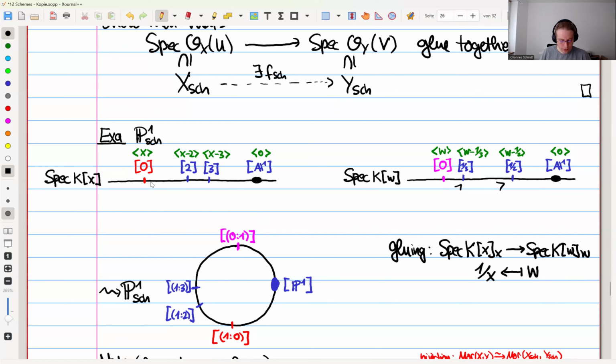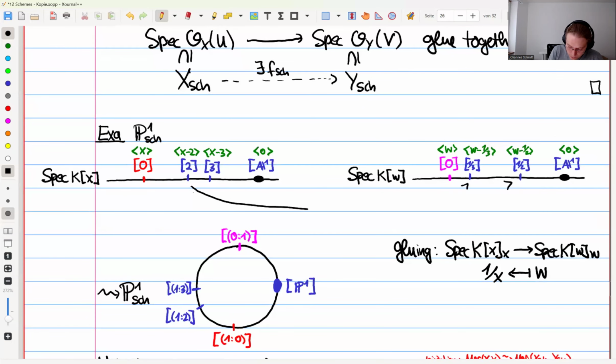Well, the schemes compared to the A1 basically look the same. They have one point for each element of A1, and then they have this extra point, this generic point, corresponding to the 0 ideal. And similarly on the other side. And then what happens is that this here sends, for example, this closed point 2 corresponding to the ideal X minus 2 on this side.